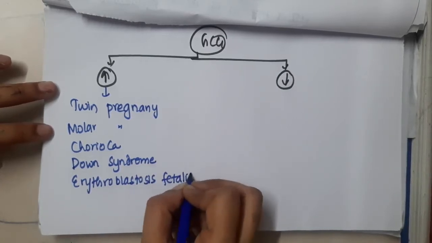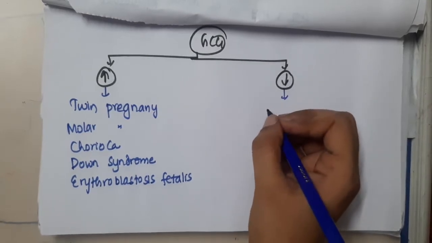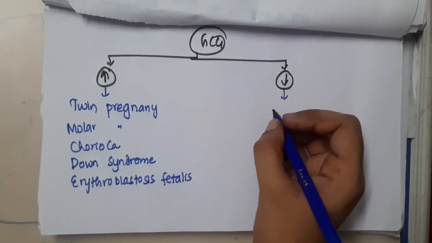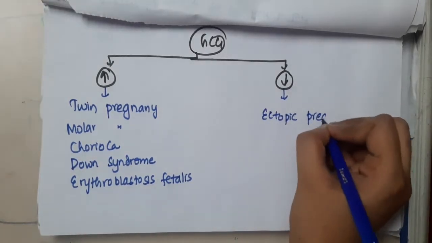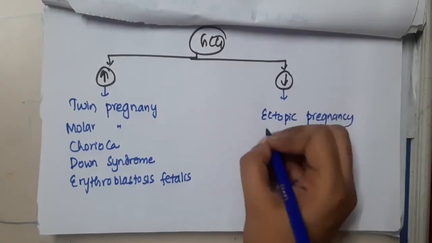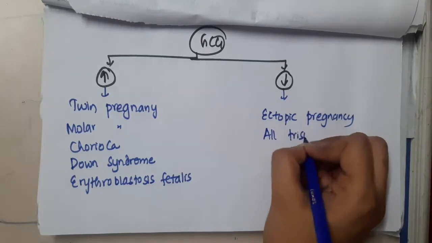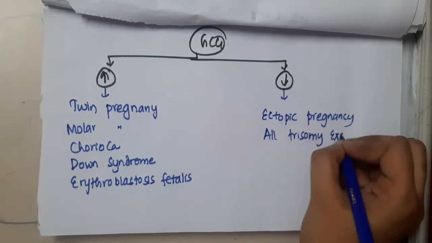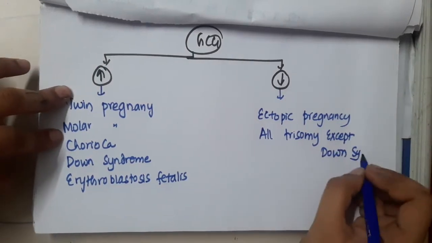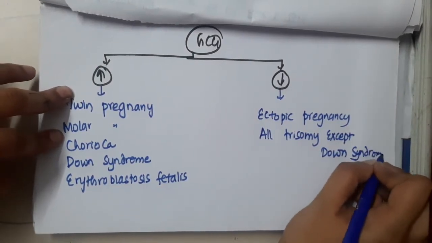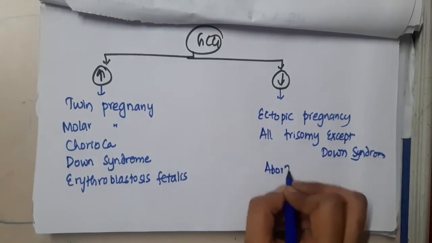Then decrease in HCG is seen in ectopic pregnancy. It is seen in all trisomies except Down syndrome. Then it is seen in abortions.